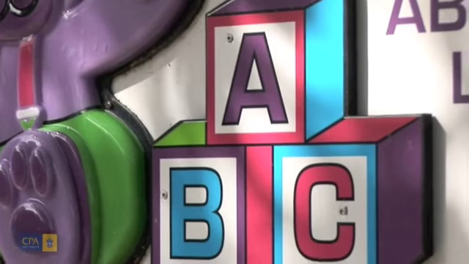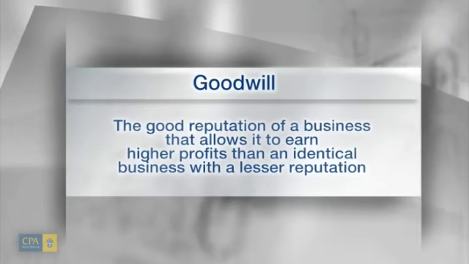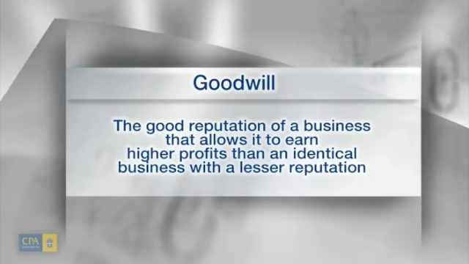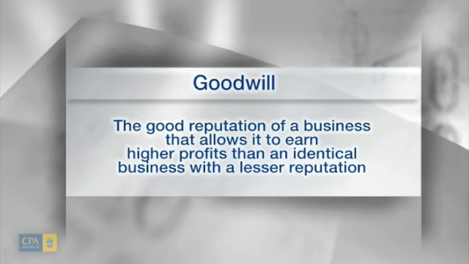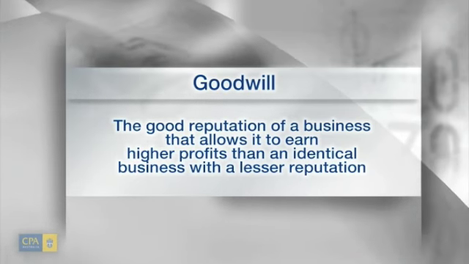Aside from physical assets, assets also include intangible items like a business's brand, as well as the goodwill associated with a business. Goodwill is the good reputation of a business that allows it to earn higher profits than an identical business with a lesser reputation. When ABC Learning bought a childcare centre, it also acquired the goodwill associated with the centre.